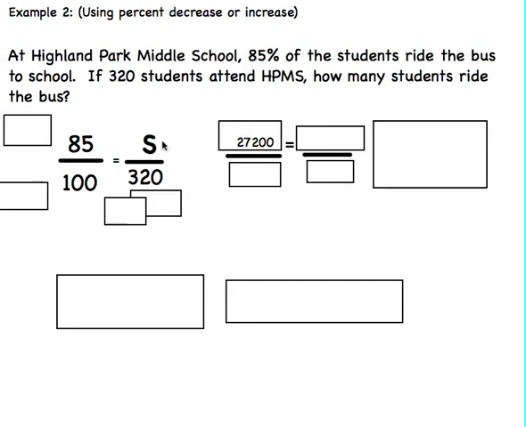And we multiply 100 times s to get 100s. Now, of course, to solve this proportion, this is 100 times s, so we're going to have to divide both sides by 100.